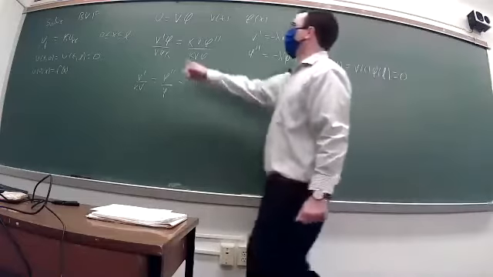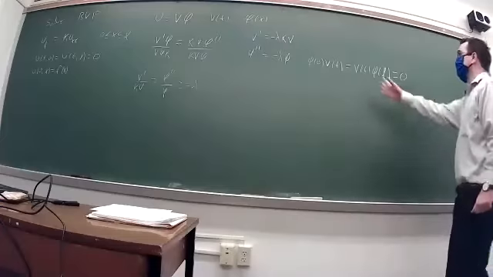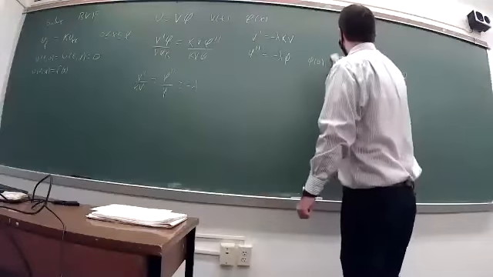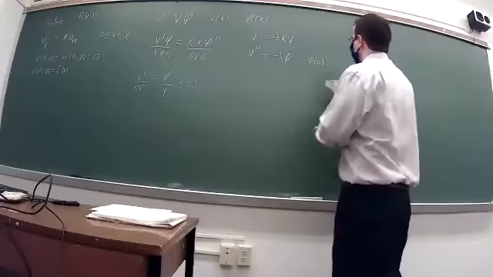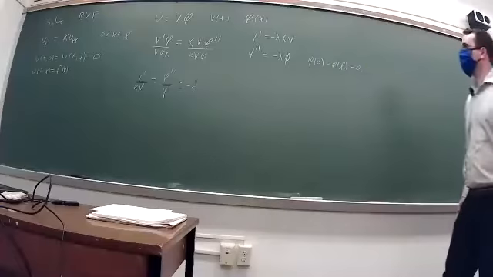We're not looking for the 0 solution here. Looking for non-zero solutions. You could divide out both sides, and you could end up with phi of 0 equals phi of L equals 0. So you have this nice spatial boundary condition.